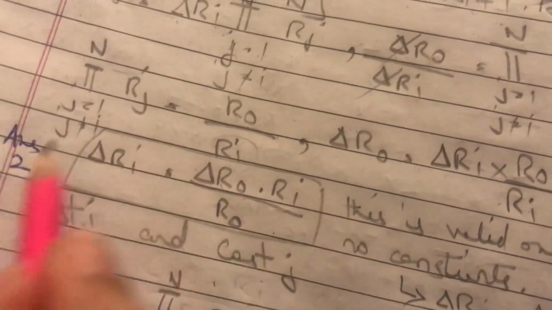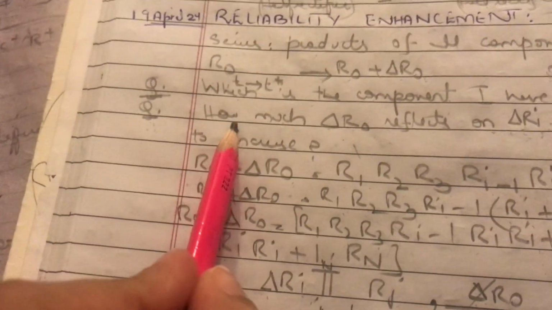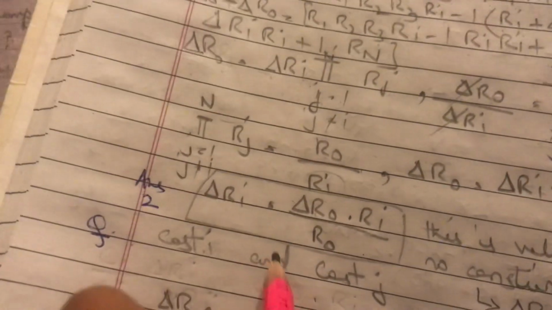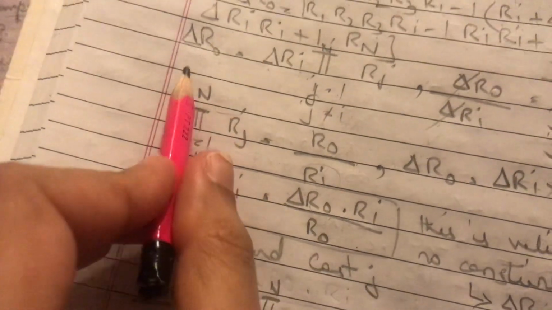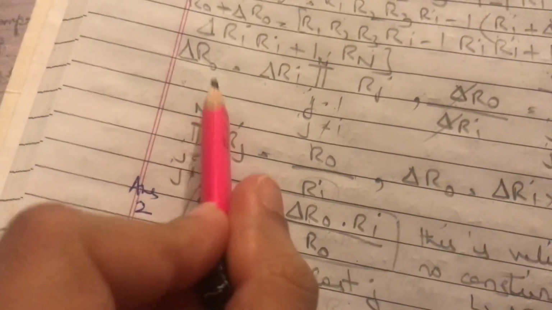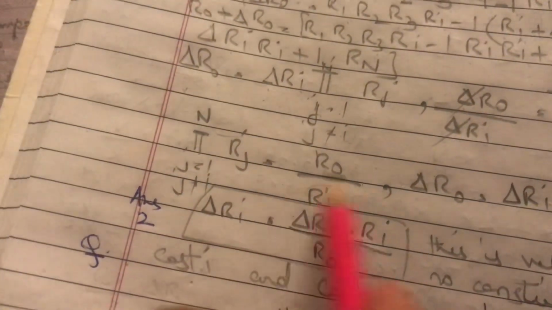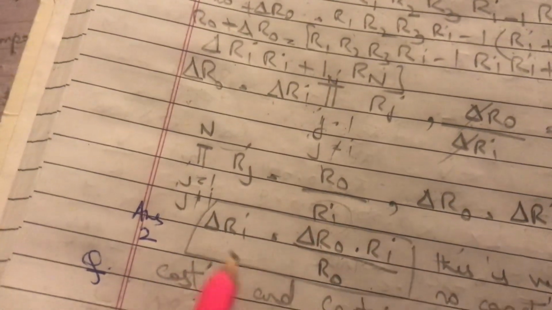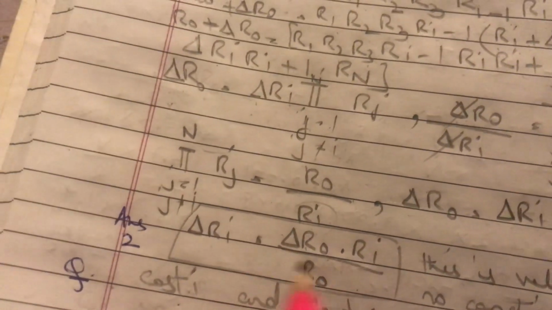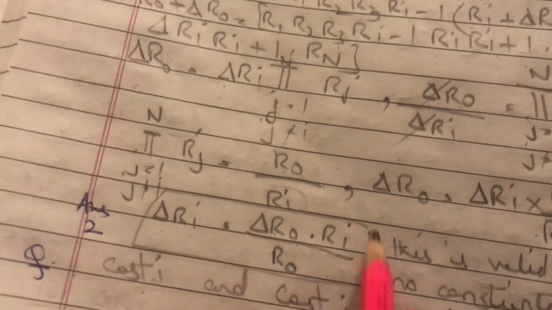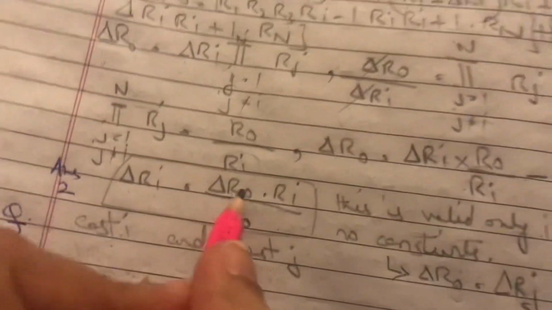So the second question we were talking about was how much delta R0 reflects on delta Ri. So when we enhance delta R0, it gets reflected on delta Ri in this way. So the equation of delta Ri becomes something like this, right?